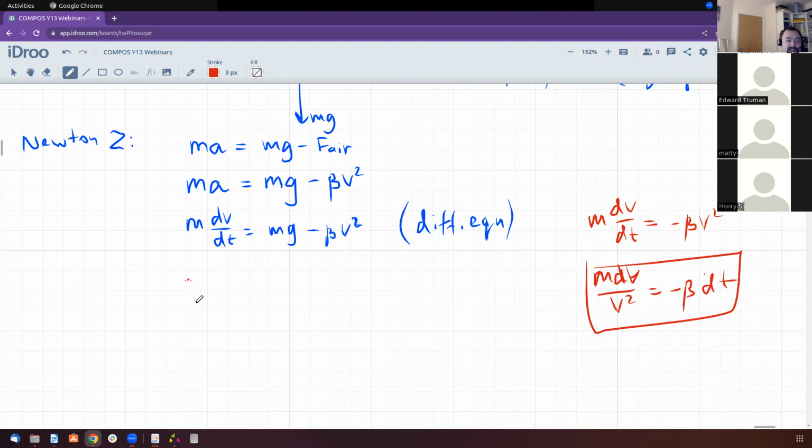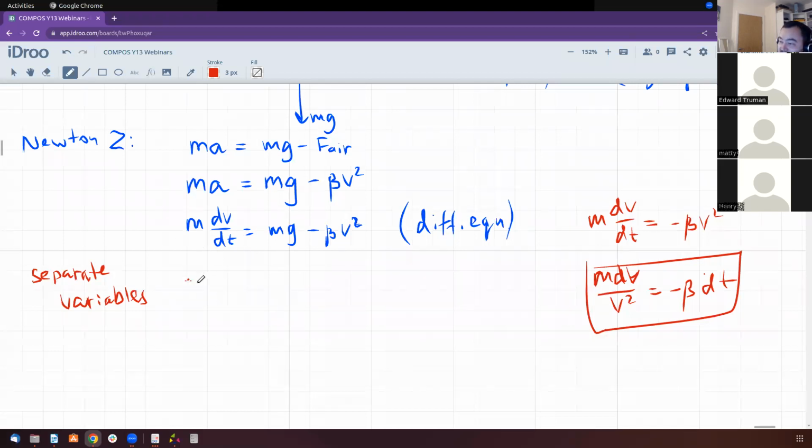Use your microphone, just shout out. How do I separate variables here? I remind you, the variables are v and t. Come on, any ideas? Very good. You want to divide both sides.